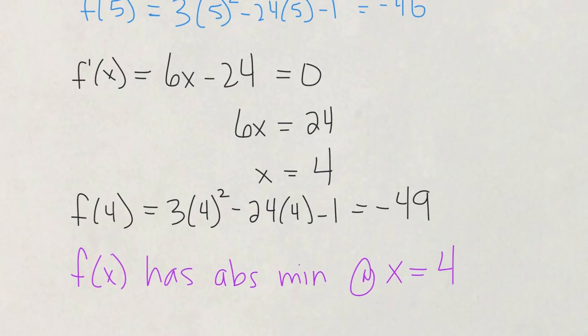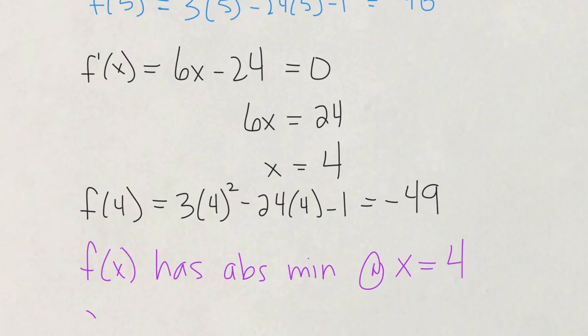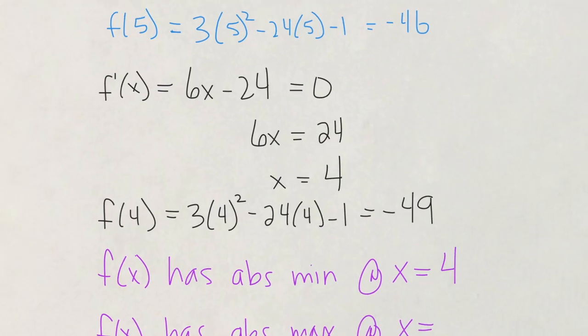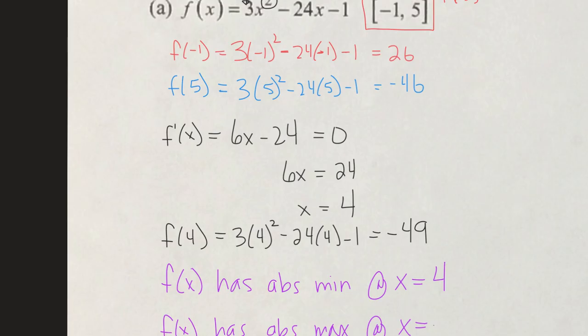So our answers are always x values. And f of x has an absolute max at what x value? At x equals -1.